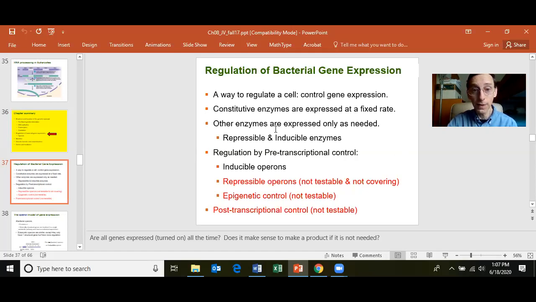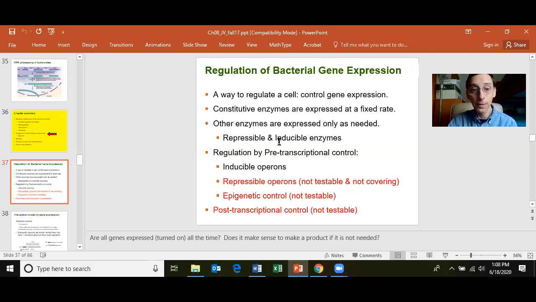There are some genes that are always turned on, so they're always expressed at a fixed rate. These we call constitutive genes, such as a constitutive enzyme. The cell always makes these enzymes, so the gene is always turned on and expressed at a fixed rate. Any questions about that?